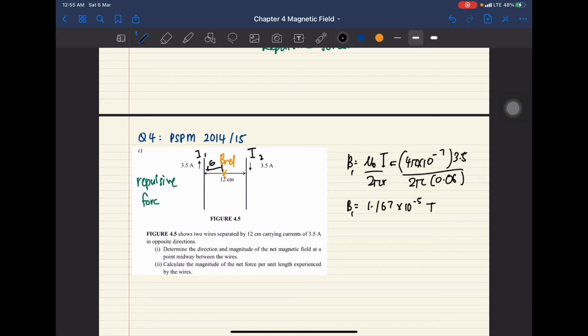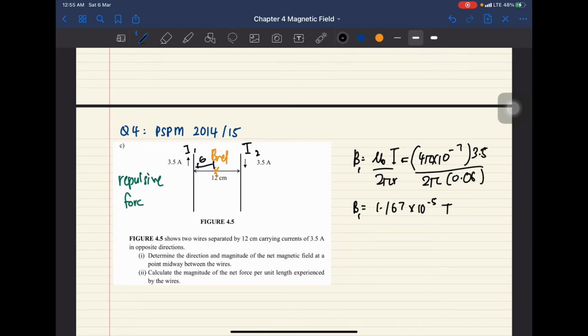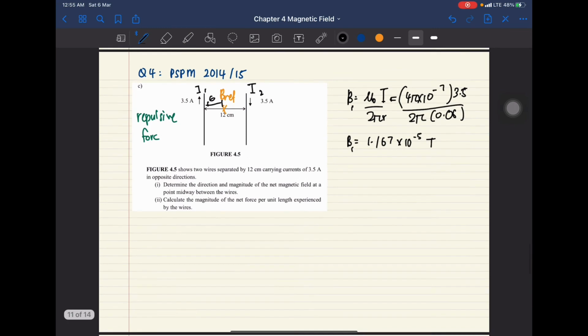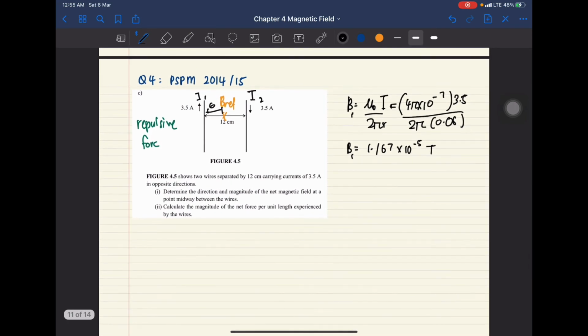Okay, we have to determine the direction. The magnetic field due to I1 over here in the middle, you can use the right hand grip rule. You will get that the direction of B over there due to I1 is going into the page, and this is B1, and B2 is also into the page.